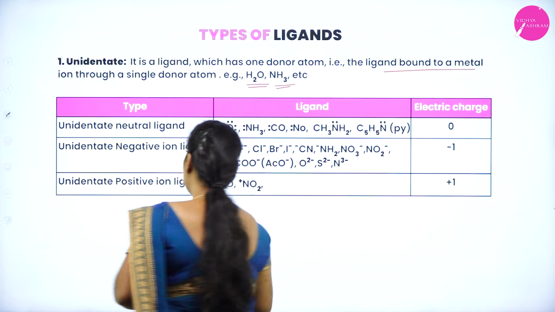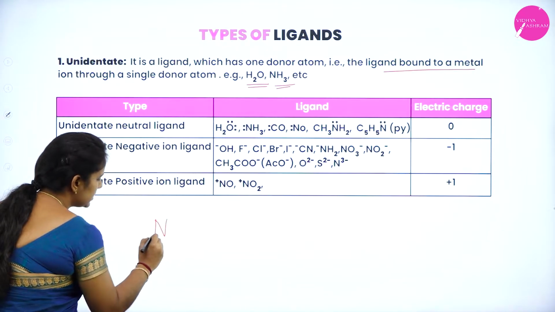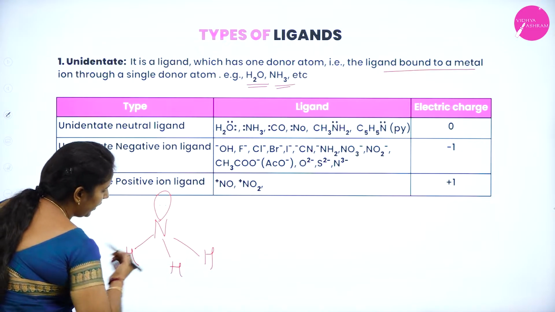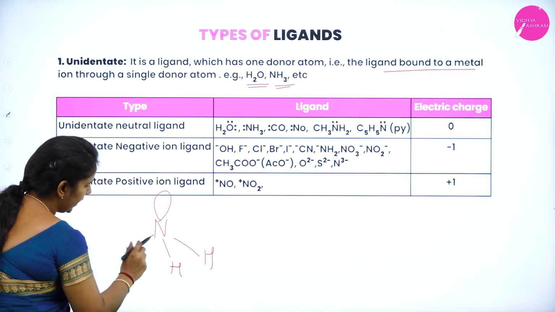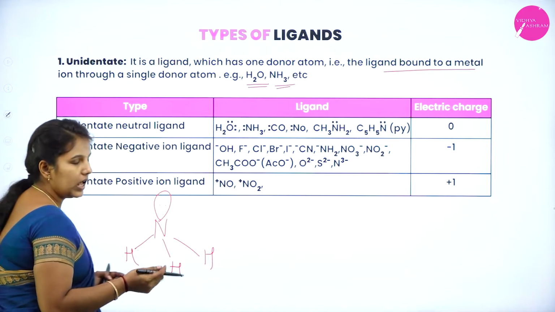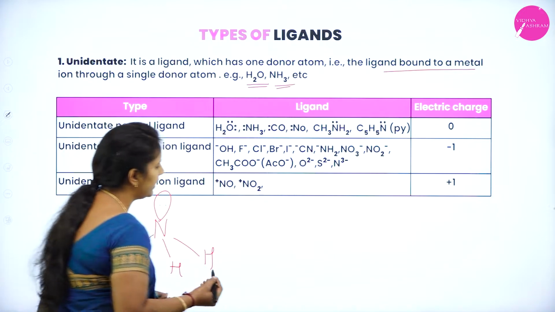In ammonia, we have the central atom nitrogen, which is bonded to 3 different hydrogen atoms, and you can see that all these hydrogen atoms form a single bond with the nitrogen. Hence, it is a unidentate ligand, the best example for it.